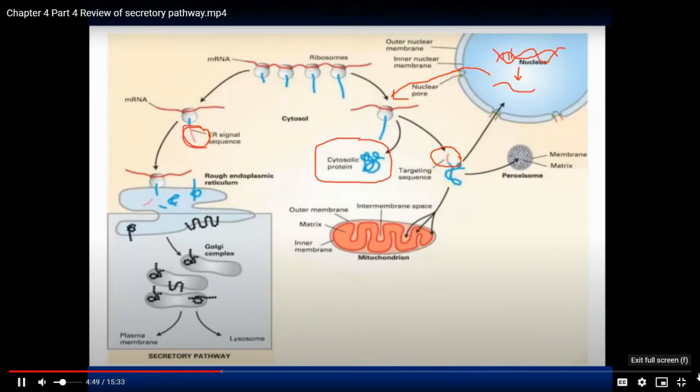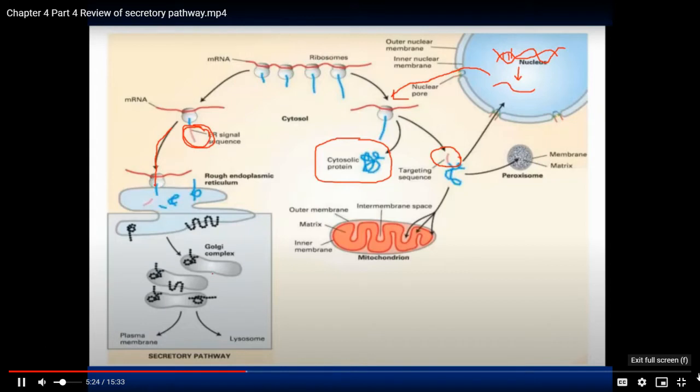If the target sequence says that it's not a cytoplasmic protein, then this ribosome is actually going to travel to the endoplasmic reticulum and dock on top of it, all right? And it's going to continue building the protein and squirt it inside the endoplasmic reticulum, all right? And then from there, that protein will also go from the endoplasmic reticulum to the Golgi, and then from the Golgi either to the plasma membrane or the lysosome.